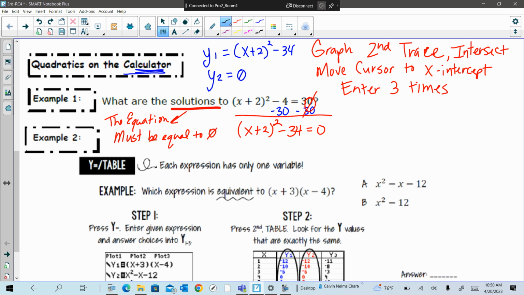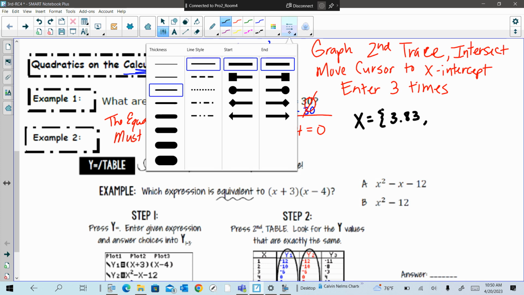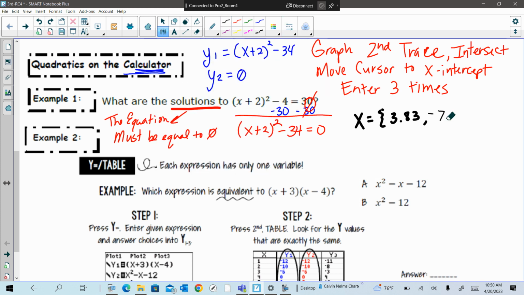So we got one of the intercepts was 3.83. Okay, who found the second one? Alejandro? Negative 7.8. And I think it was 3 as well, right? Yes. Okay, so make sure you have our solutions on your flip book. If you want to write down the steps to review, you can add it to your flip book.